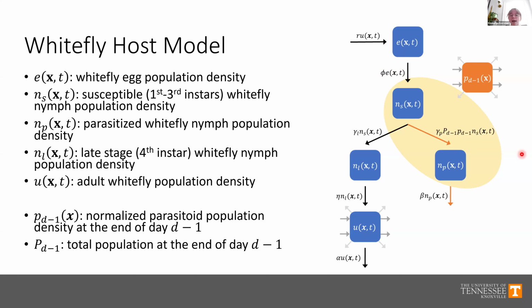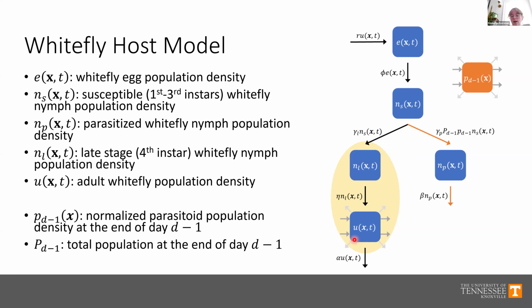They might be parasitized, and that's dependent on what's happening over in our parasitoid model. If they're parasitized, they die off and a wasp emerges from that. The other option is that they're not parasitized and they move into that late stage, the 4th instar. If they move into the 4th instar, then they become adults.